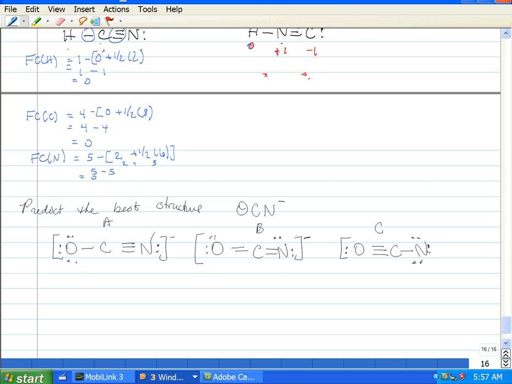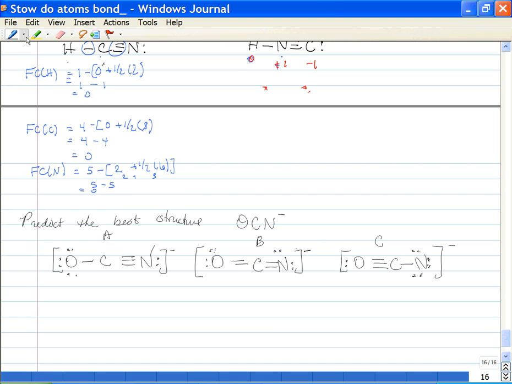Let's do the formal charge of oxygen. Oxygen brings 6 to the equation. It has 2 non-bonding electrons, and it has 6 bonding electrons. So this is going to be 3 plus 2 being 5. 6 minus 5 is equal to 1.